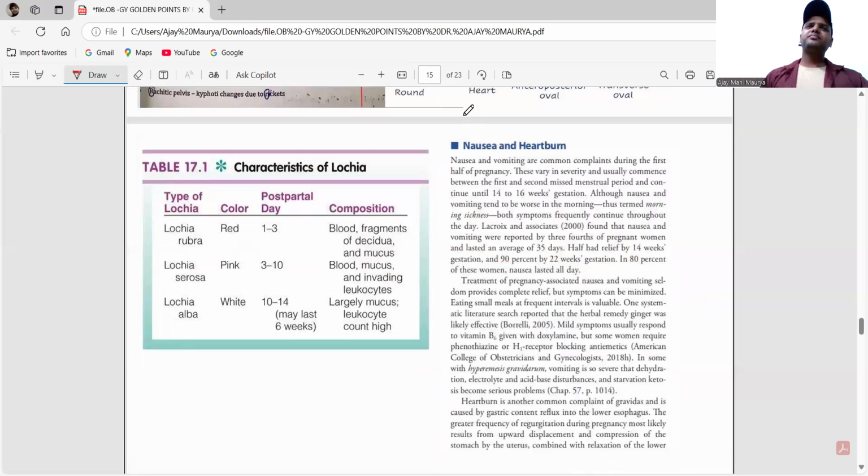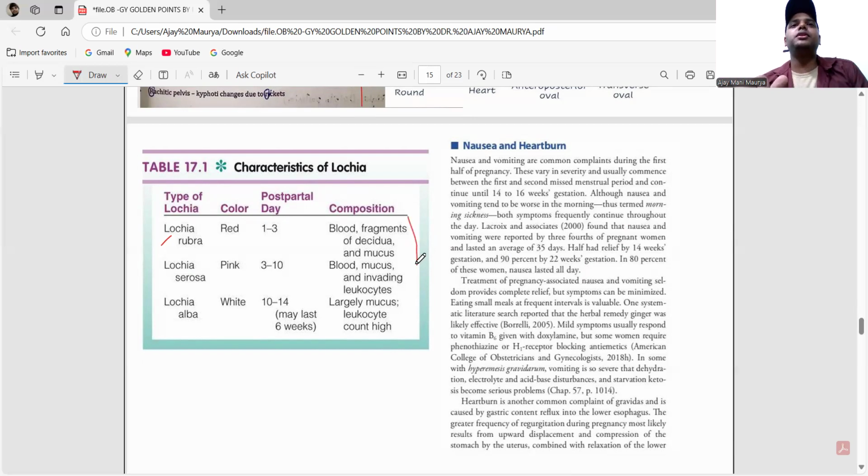Also, guys, please remember this. After delivery, there is the Lochia. The types of Lochia are Lochia rubra, Lochia serosa, and Lochia alba. Lochia rubra is red, Lochia serosa is pink, and Lochia alba is white.